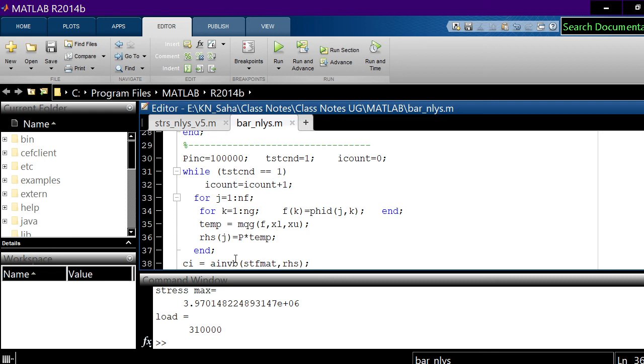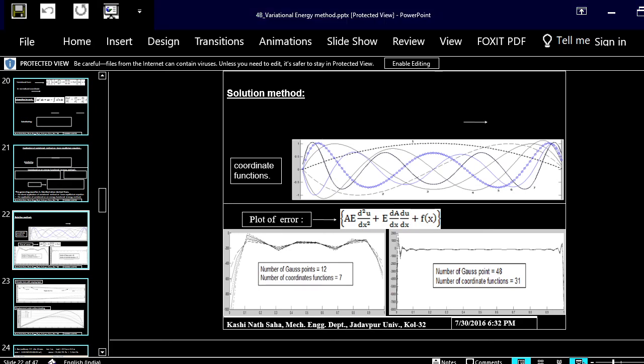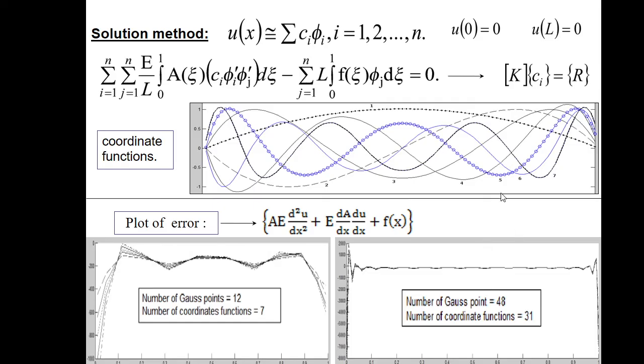What was our matrix equation? Our matrix equation was like this. This is the matrix equation. This right hand side vector we have generated, stiffness matrix we have generated. What is the solution? K inverse into this right hand side vector.